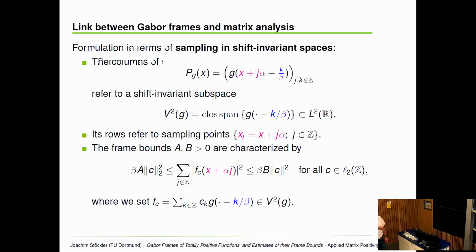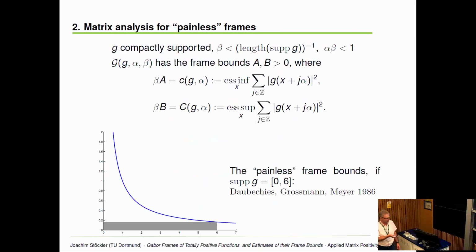And its rows refer to the sampling points x_j equals x plus j alpha. So this can be put in the terminology of sampling in shift invariant spaces. And this, in fact, was one viewpoint of the paper where we consider the Gaussian and totally positive functions, which were mentioned in Charlie's talk as well. But this was only a side remark, so I don't go deeper into this terminology of sampling.